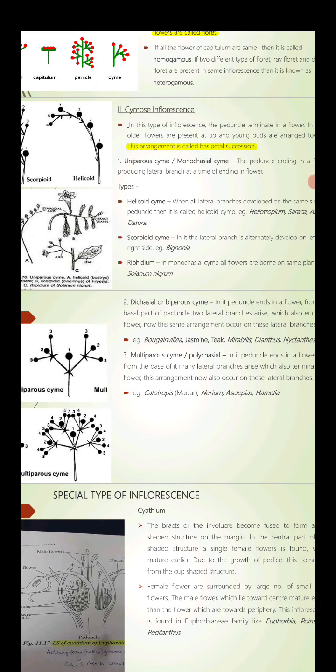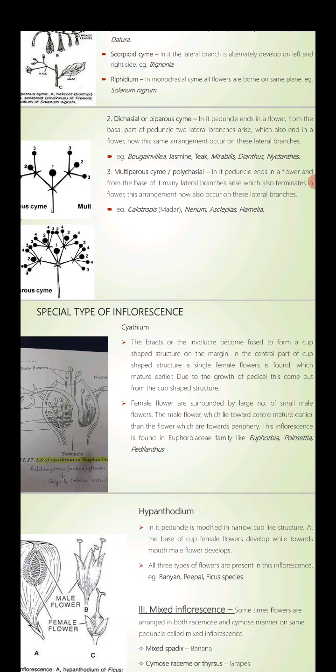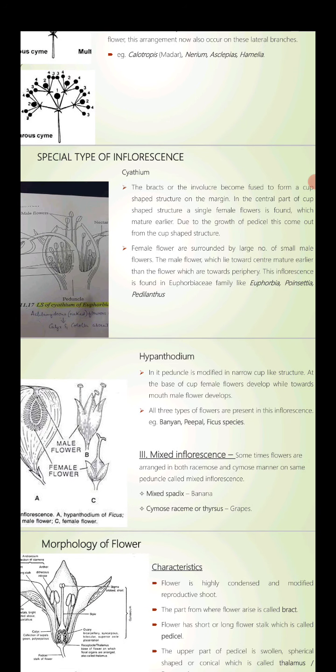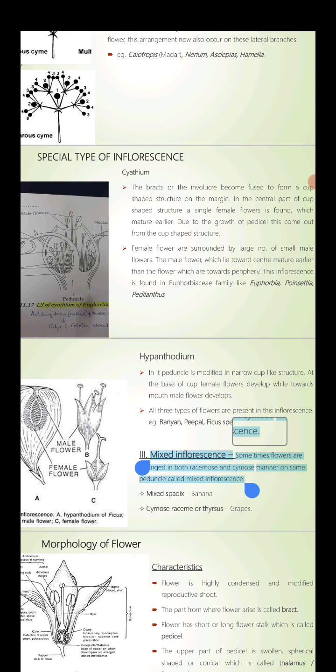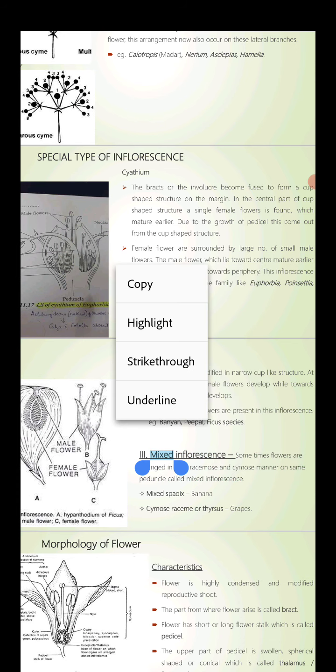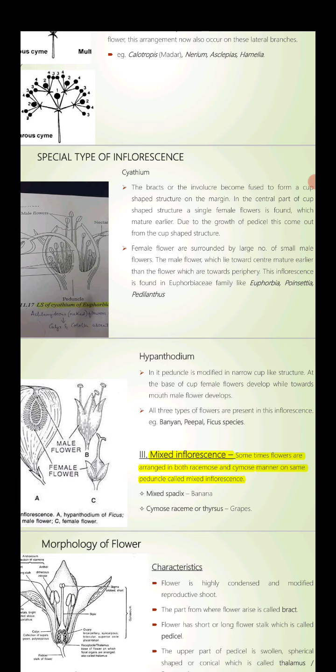So this is the basic thing. Some special types of inflorescence are also there, like the cyathium, hypanthodium. Next thing is the mixed inflorescence. What's the definition of the mixed inflorescence?